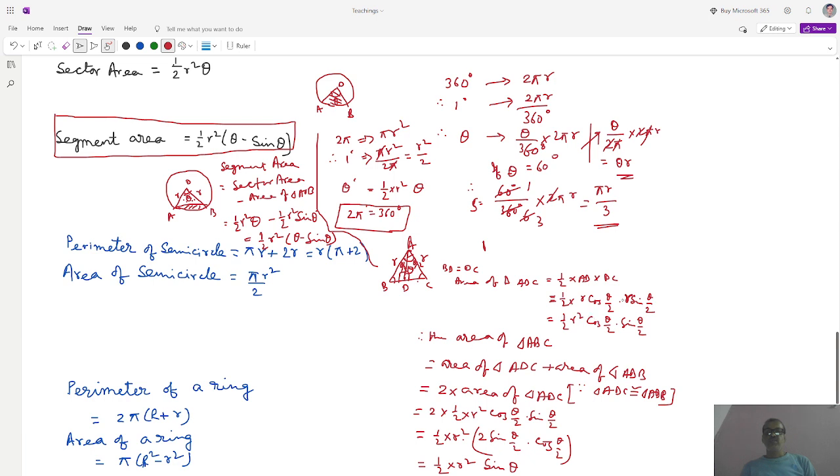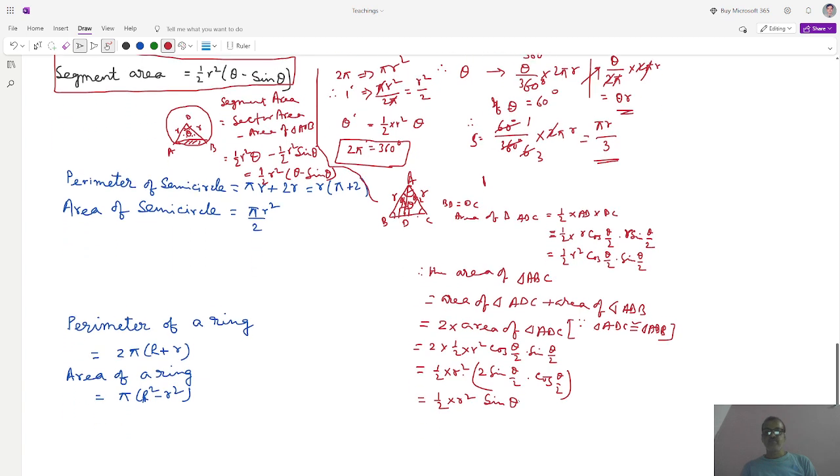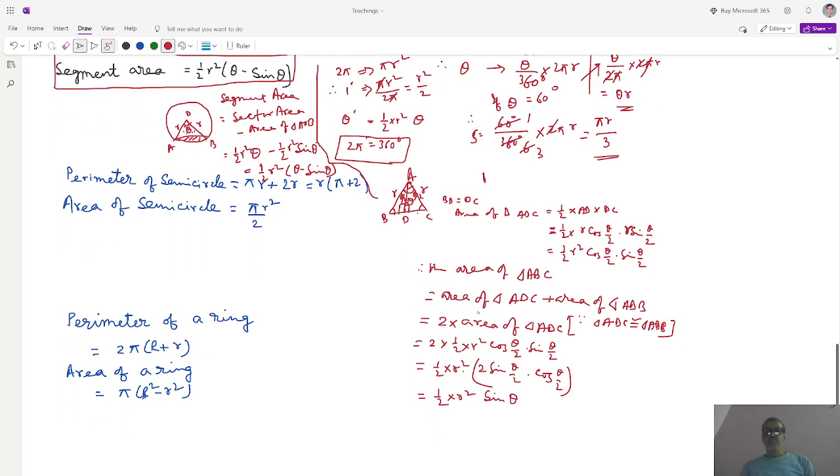Now, this is equal to half r square cos theta by 2 into sin theta by 2. Therefore, the area of triangle ABC equals area of triangle ADC plus area of triangle ADB. Since these two triangles are equal in area, this is equal to 2 into area of triangle ADC.